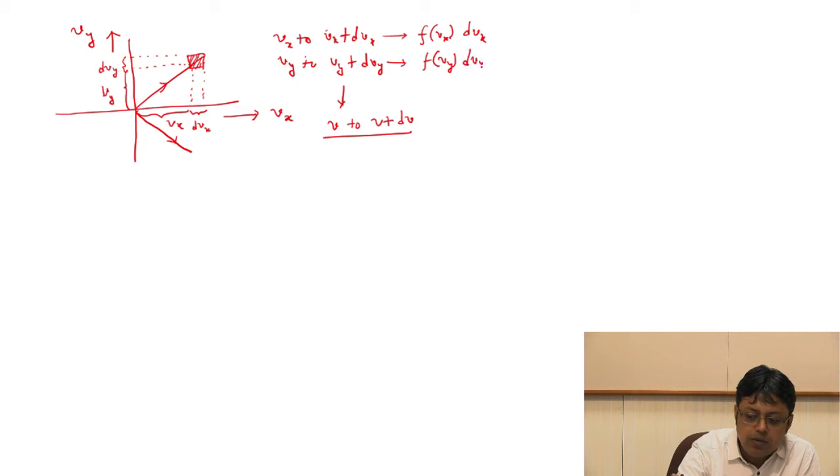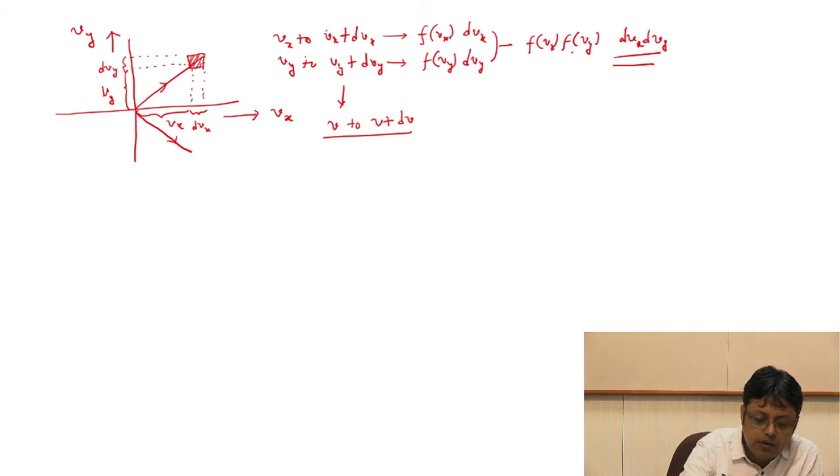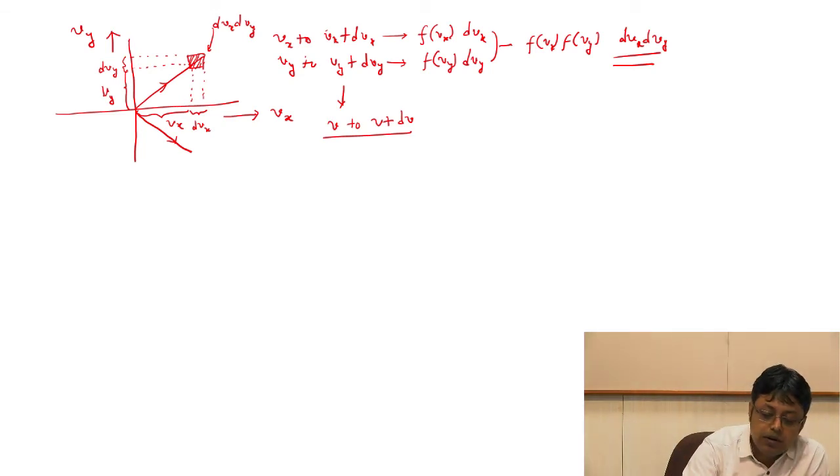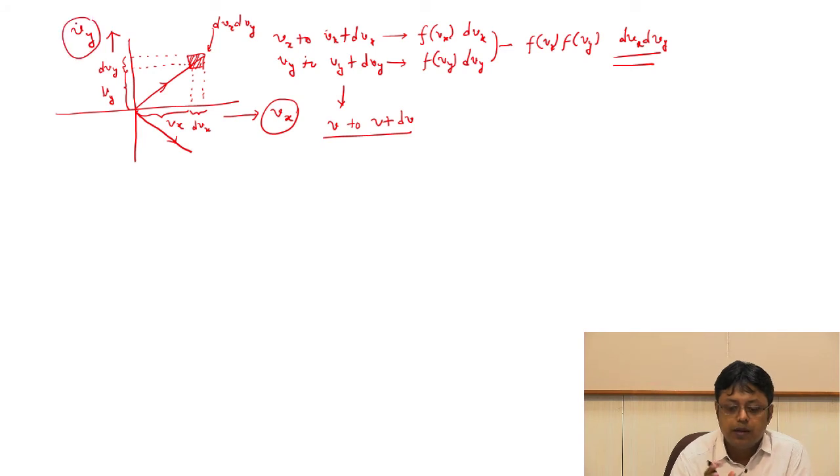So their joint probability was f of vx into f of vy into dvx dvy. So that is an infinitesimal area element in the velocity space. Always remember that this is not a position space. This is a velocity space.